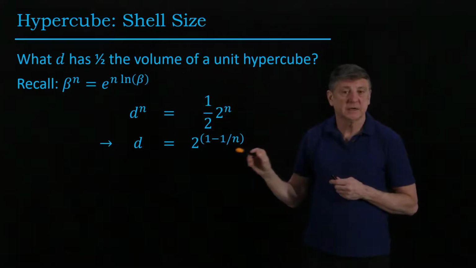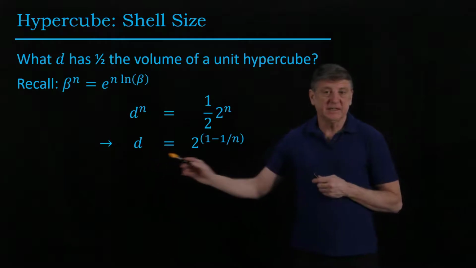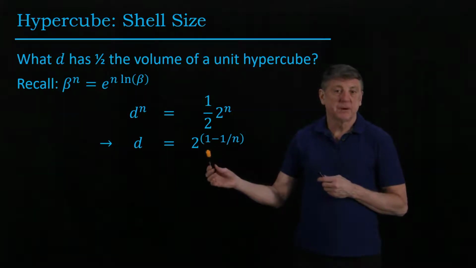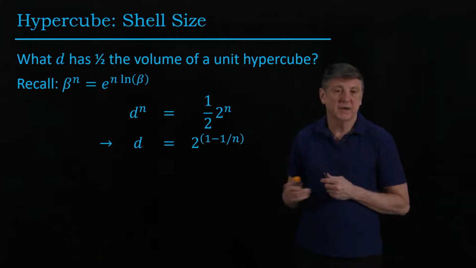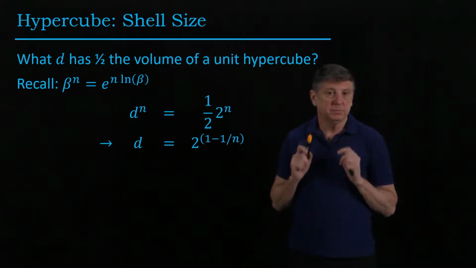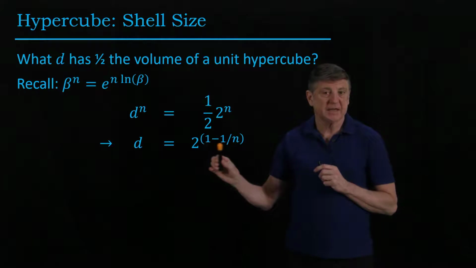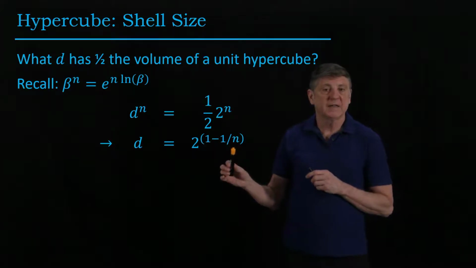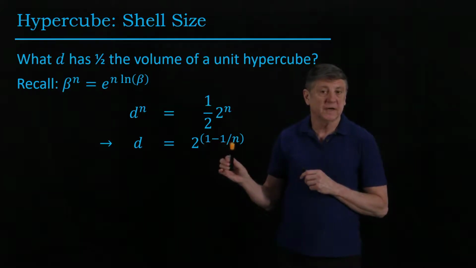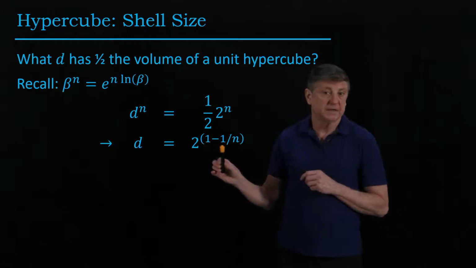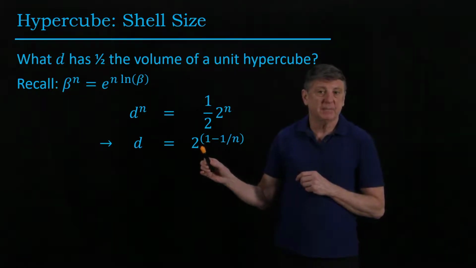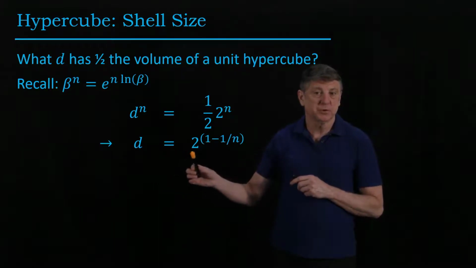When I work this out, I get d is 2 to the power of 1 minus 1 over n. I immediately observe what happens to this exponent as n goes to infinity: 1 over n goes to 0, 1 minus 0 goes to 1, and that means d will approach 2.